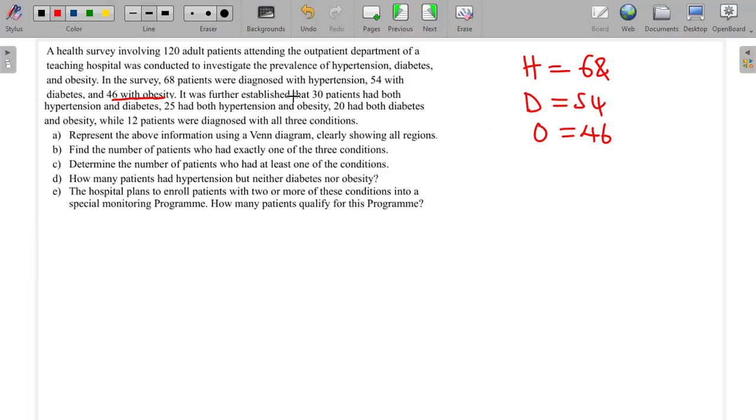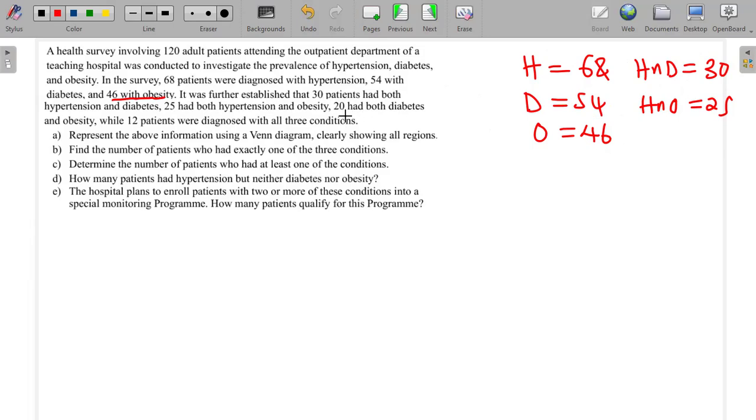It was further established that 30 patients had both hypertension and diabetes. So H intersection D, we had 30 people there. And then 25 had both hypertension and obesity. So hypertension intersection obesity, we had 25.